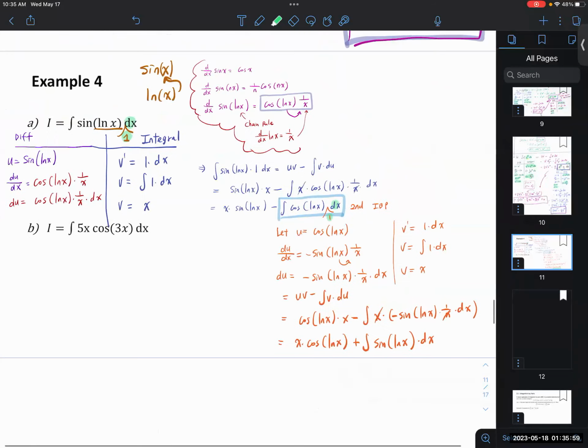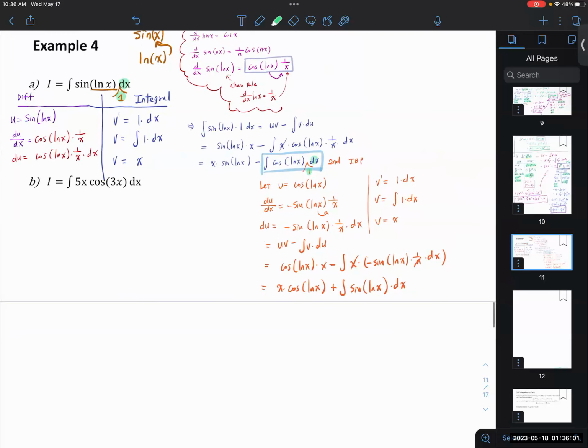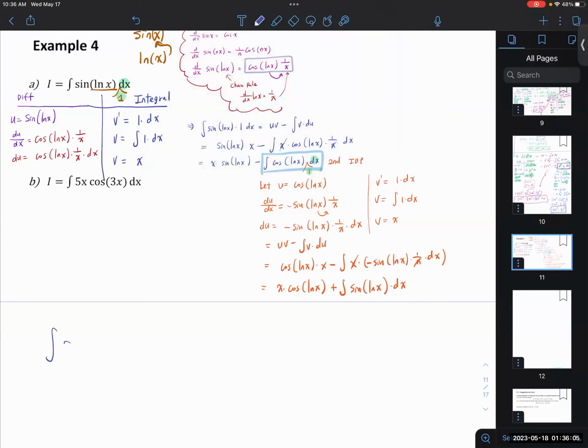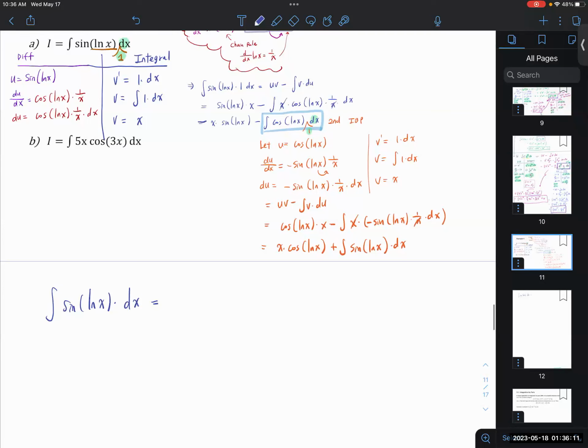So what was our question? Our question was, I'm going to rewrite it, integral sine ln x dx. And then I stopped here before we took the second IBP. That was x times sine ln x, correct?